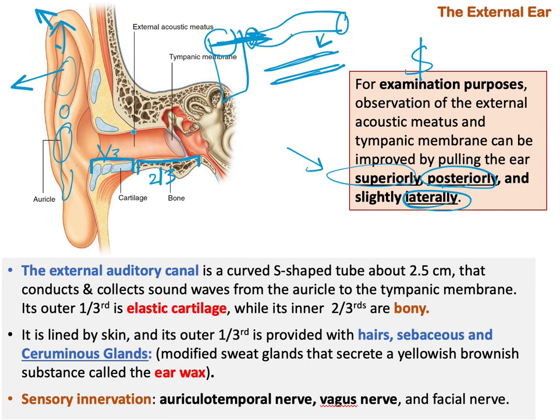the outer 1/3 here gives a site for hair and sebaceous and ceruminous glands that of course secrete a yellowish brownish substance, what we call the ear wax, right? Secreting the ear wax.